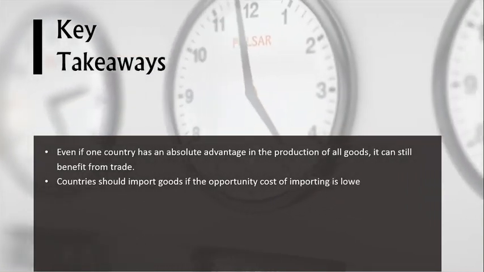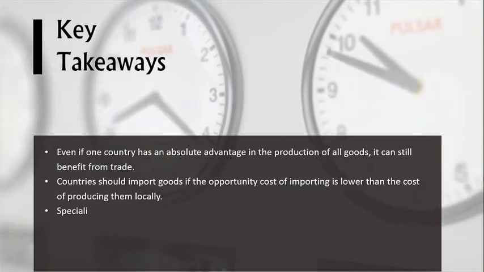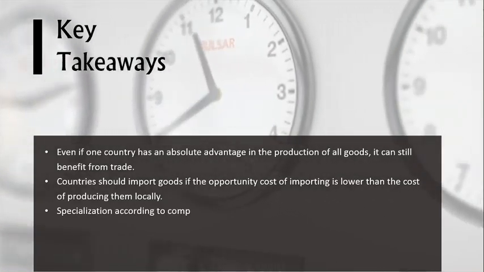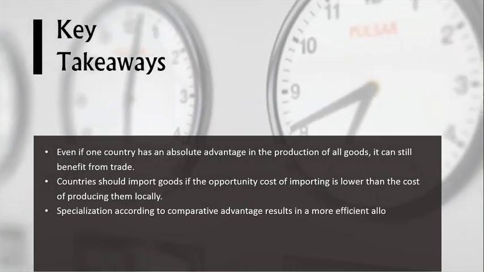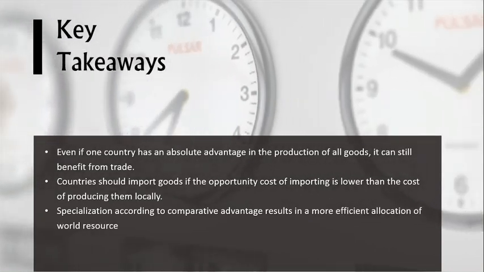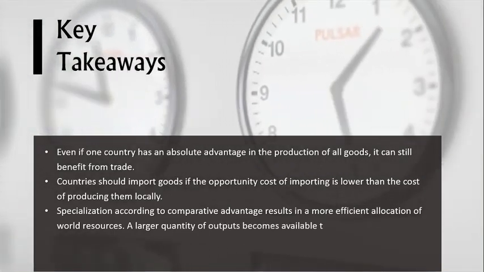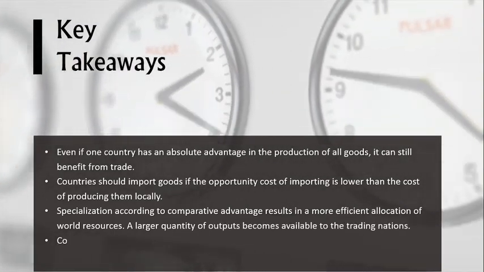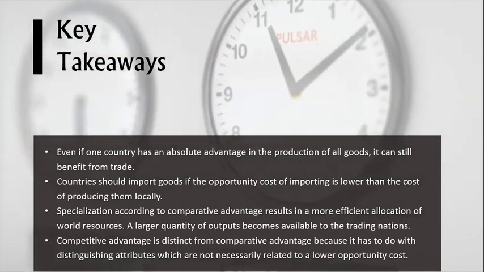Third, specialization according to comparative advantage results in a more efficient allocation of world resources. A larger quantity of outputs becomes available to the trading nations. Fourth, competitive advantage is distinct from comparative advantage because it has to do with distinguishing attributes which are not necessarily related to a lower opportunity cost.